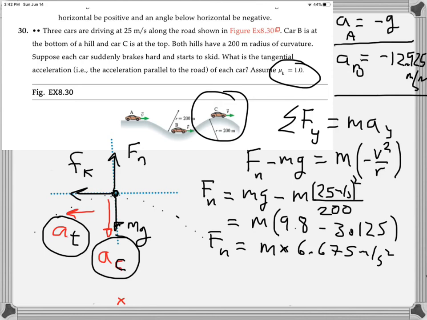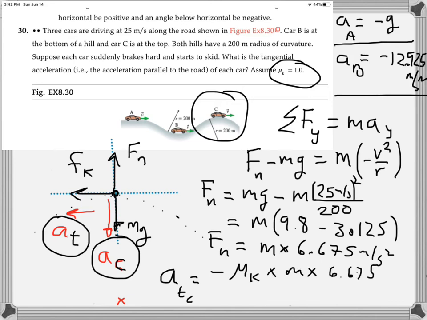Similar situation that you would have if you were in an elevator and the elevator was accelerating downwards. Car C is accelerating downwards. So the same kind of feeling of less weight or being lighter would be happening to the people in car C. Alright, so we have the normal force. So now we can plug that result into the tangential acceleration, which needs the tangential force, which is the friction.